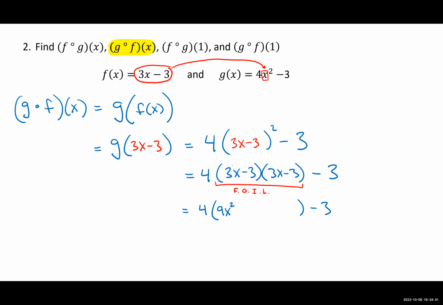Outer times outer, we have a 3x times a minus 3. That's minus 9x. The I is inner times inner, so that's negative 3 times 3x. So that's another minus 9x. And then last times last, the L in FOIL, a minus 3 times a minus 3 is a plus 9.